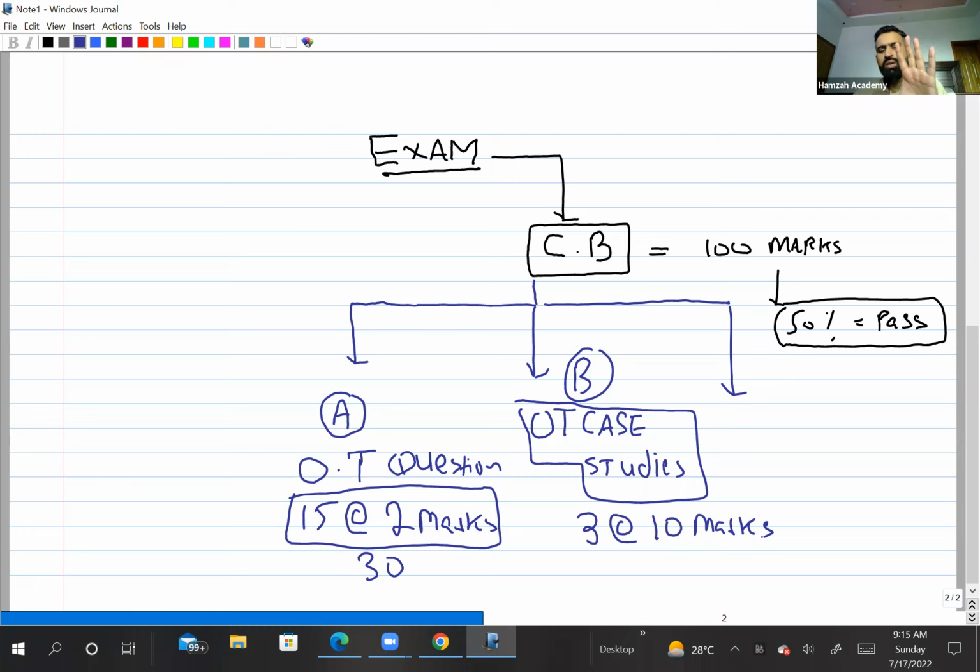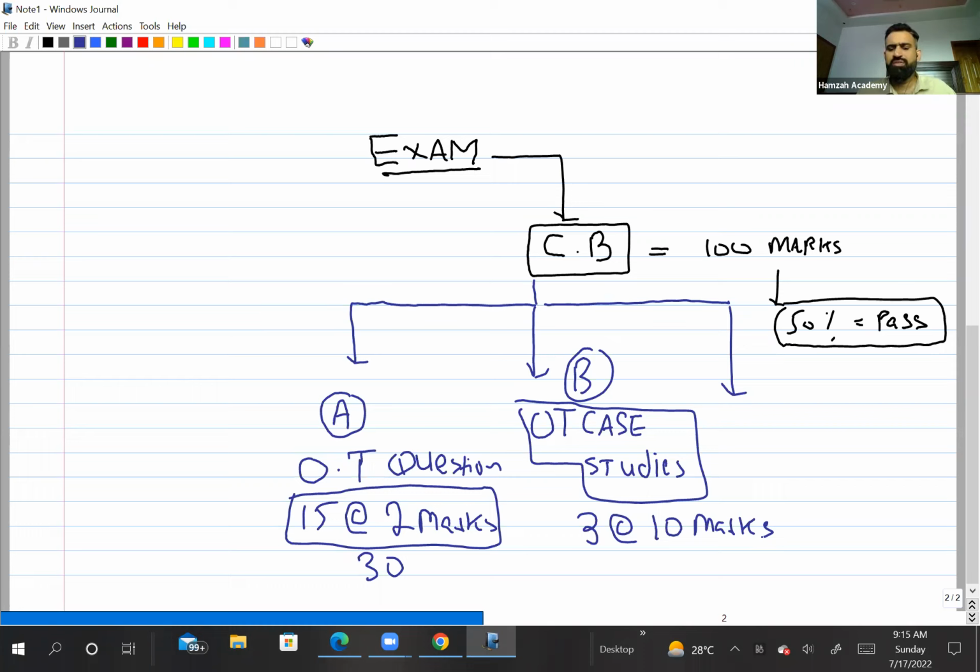OT question means MCQs, fill in the blanks, drag and drop, matching, drop down. Just like you have attempted the exam at F3 level. OT question means MCQs and fill in the blanks, like the questions I'm talking about.